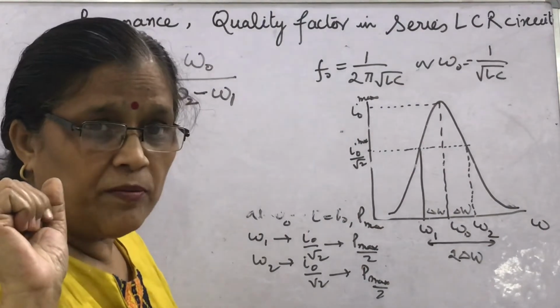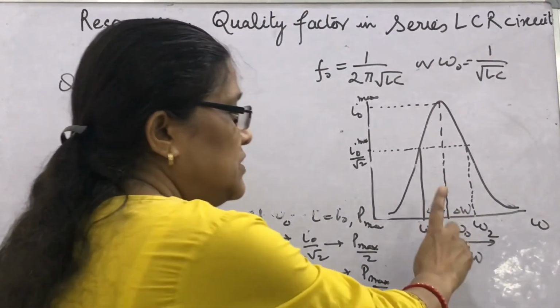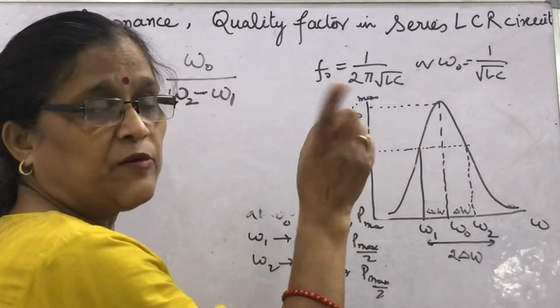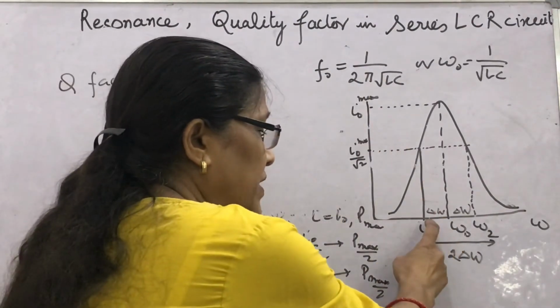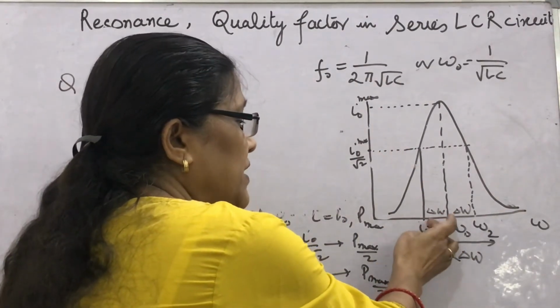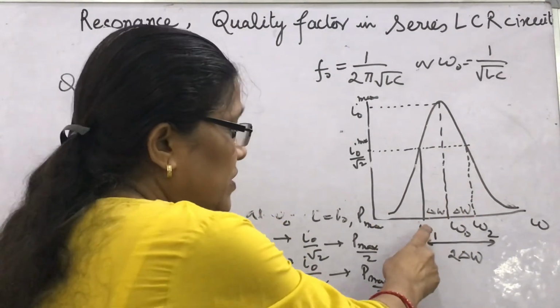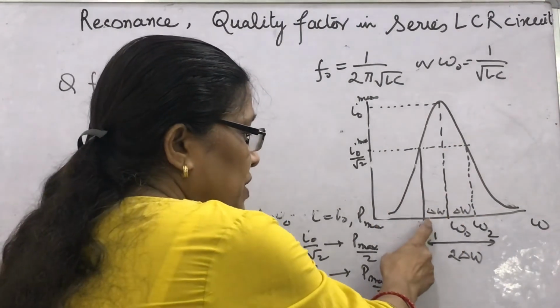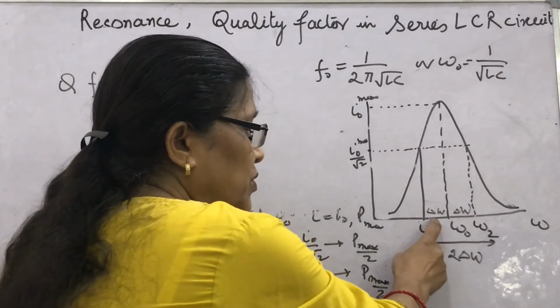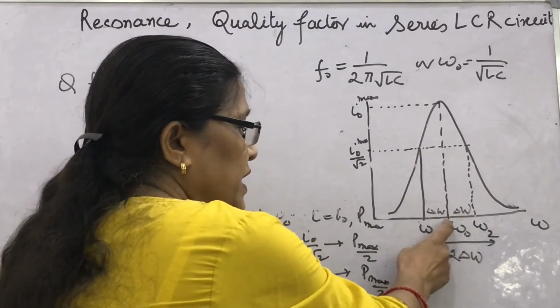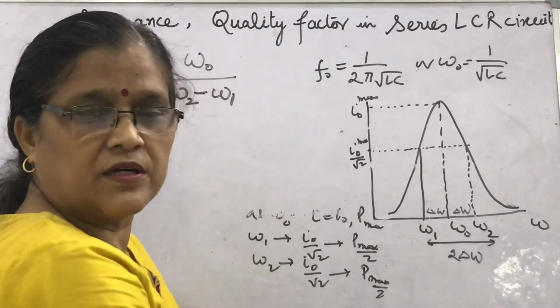You know, that particular station, that program becomes audible when we rotate the knob. We find the maximum current in a considerable amount when we rotate the knob between omega 1 to omega 2, and find the maximum current in between at omega naught.